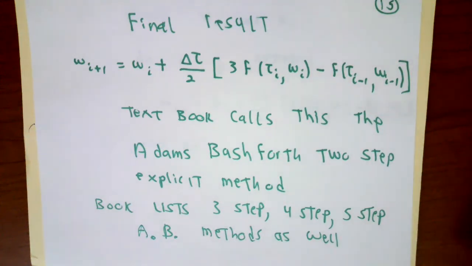Your textbook calls this the Adams-Bashforth two-step explicit method. It also lists formulas for the 3-step method, the 4-step method, and the 5-step method as well. We won't be deriving those. It's straightforward, but extremely tedious. It's all based on interpolating polynomials.